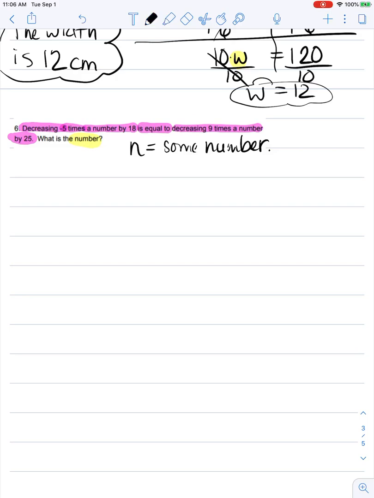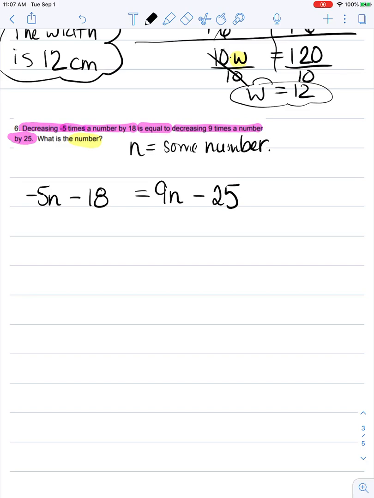So let's start. I clearly saw the is equal to, so I'm going to write that in there. Decreasing -5 times a number by 18, decreasing -5 times a number minus 18 is equal to decreasing means subtract, 9 times a number by 25.